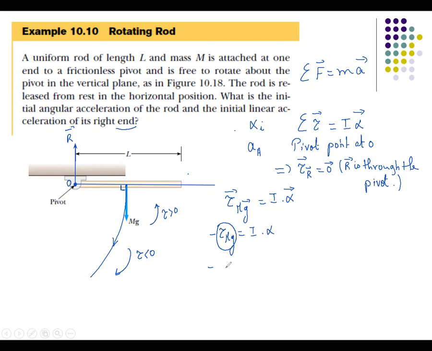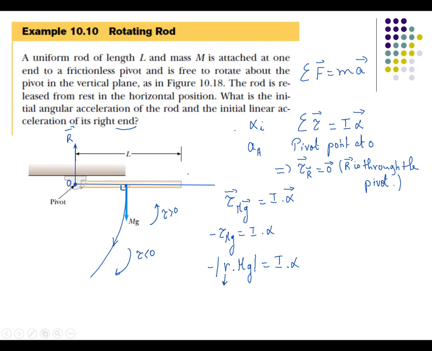Here you put tau of mg in the absolute value. Here I don't calculate tau, I calculate alpha or a, so you have to put the value of tau. You know tau equals the distance r times mg, equals I times alpha. What is the distance between mg and the pivot point?